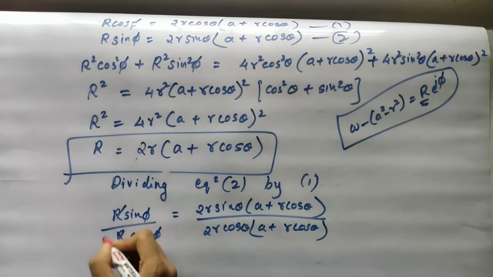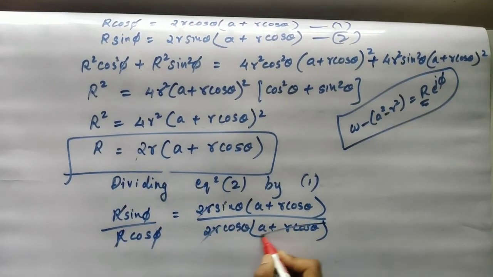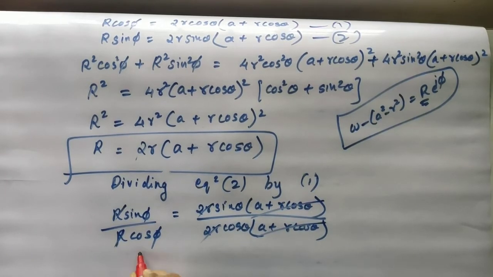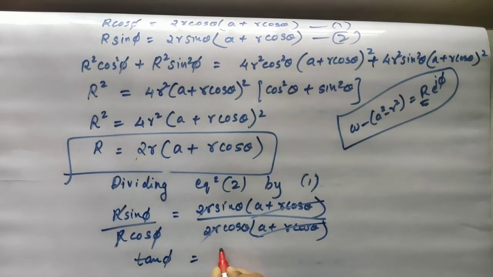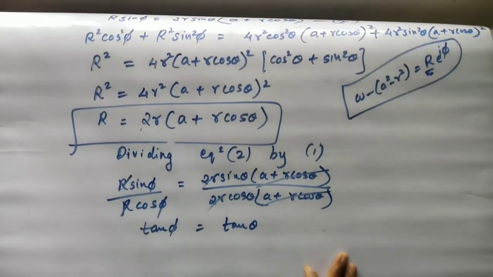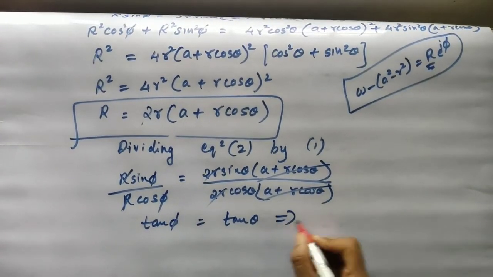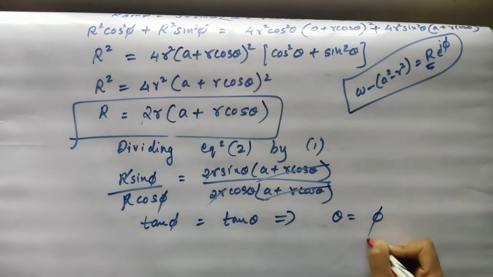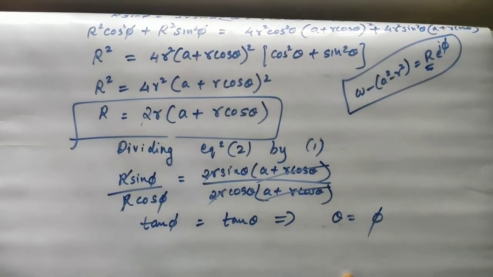Now you see r getting cancelled, 2r getting cancelled, and the bracket also getting cancelled. So tan φ is tan θ. So you directly get θ equal to φ. The φ we had substituted is θ itself of the equation, that is, our circle.